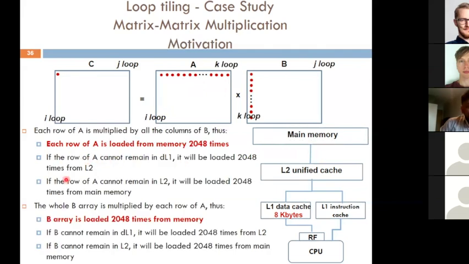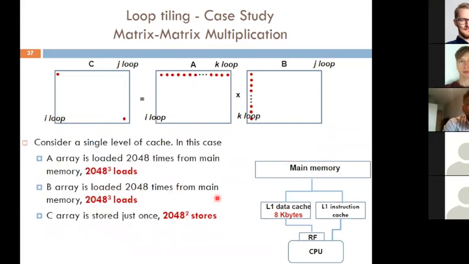Already I have explained: if A cannot remain in the L1 cache, then it is loaded this amount of time from main memory. If A cannot remain in L2, then main memory. B is the same.